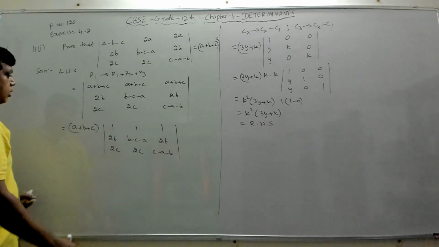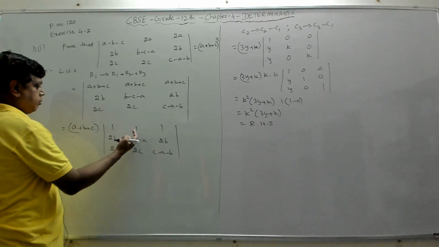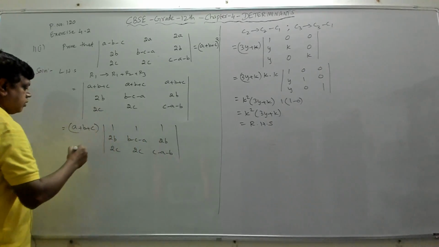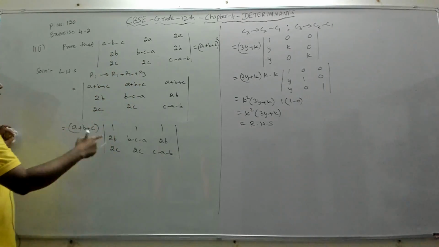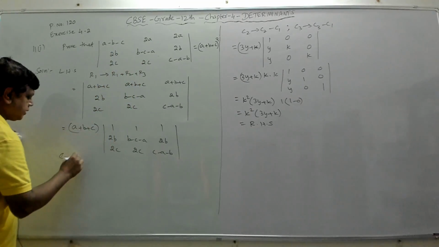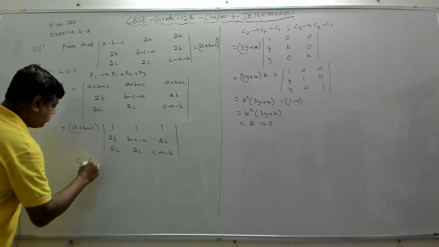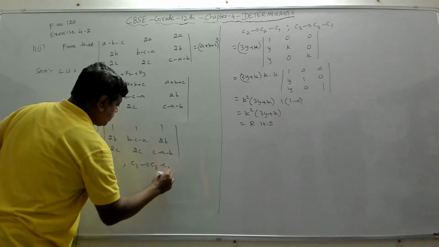So now what we get here is, we can again make these two 0 easily by applying the operation, which is C2 implies C2 minus C1. So same thing. So C2 implies C2 minus C1. And C3 implies C3 minus C1.